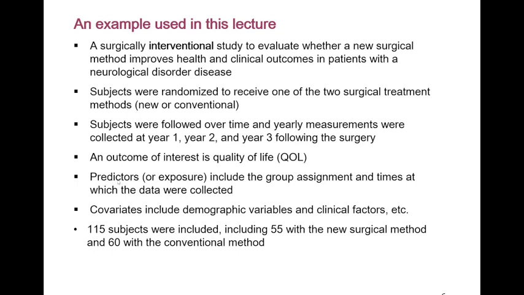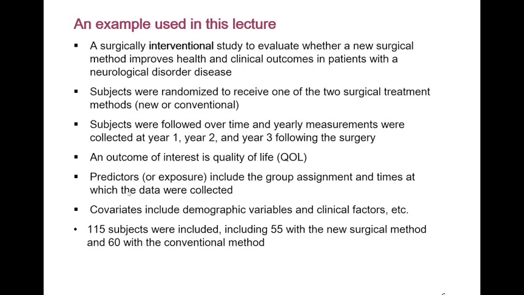Now, in the statistical field we call them predictors. And in the epidemiology field, the primary predictor is sometimes called exposure. So exposure is the primary predictor that you are interested in. Covariates. Here I'm distinguishing predictors and covariates.